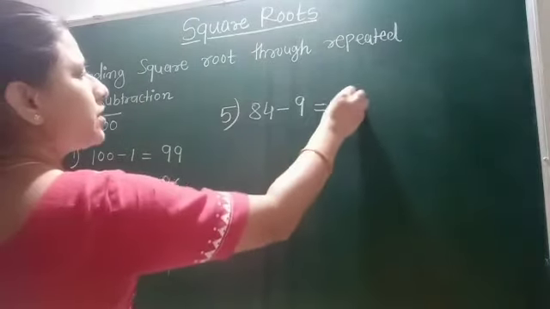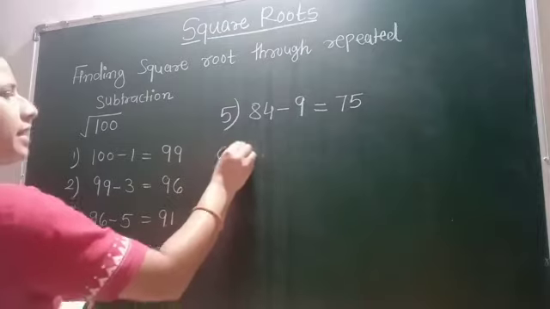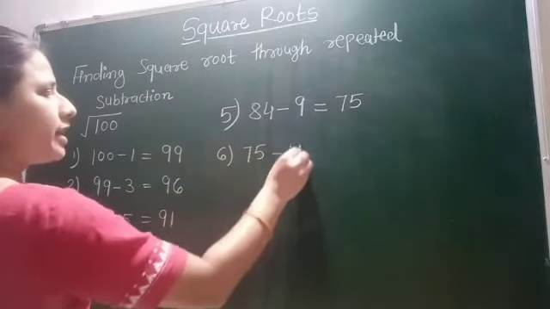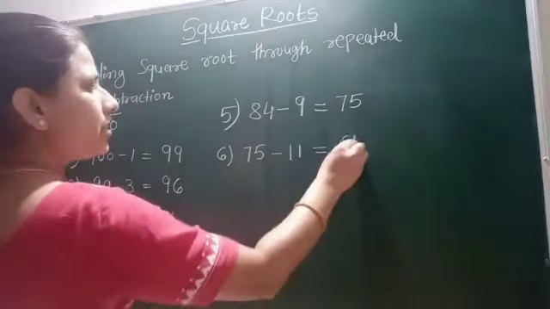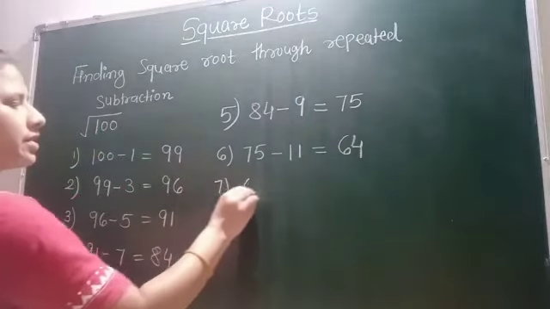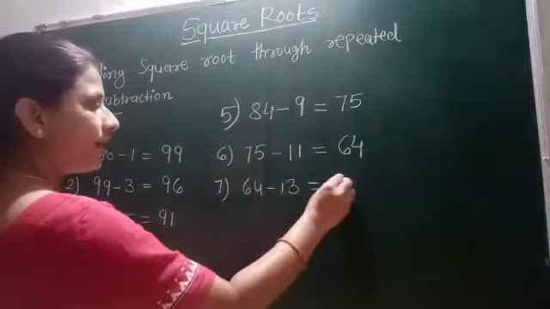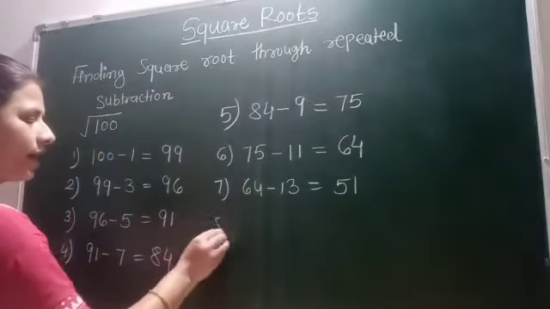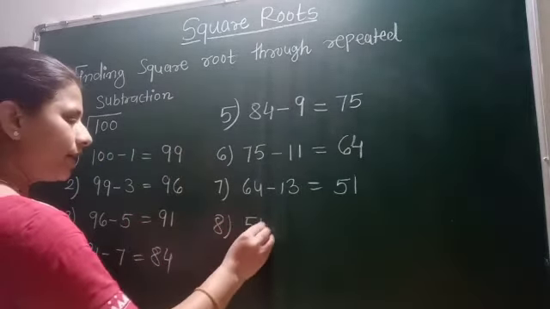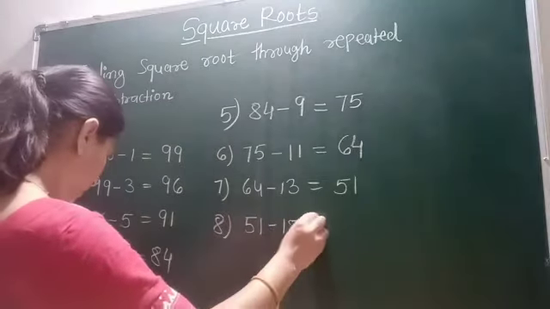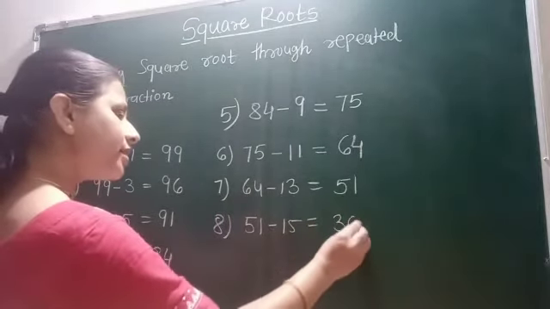equals 75. Then 75 minus 11, we will get 64. Seventh step, 64 minus 13, we will get 51. And then 51 minus 15, we will get 36.